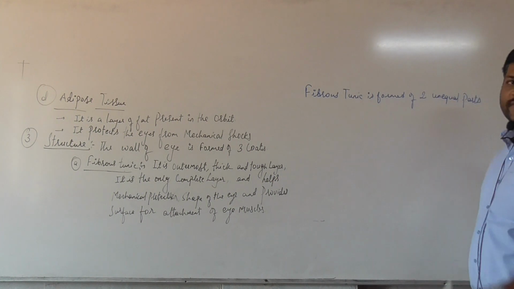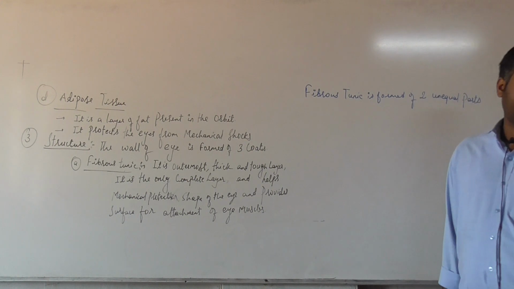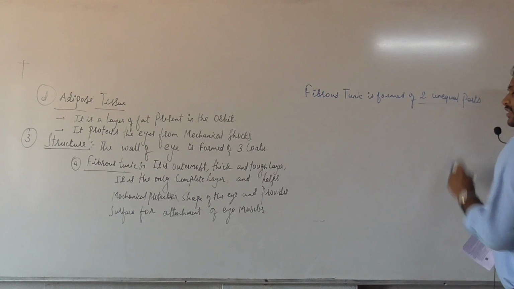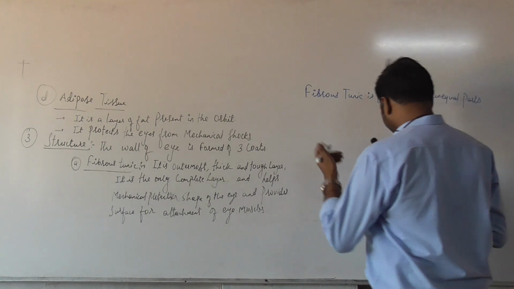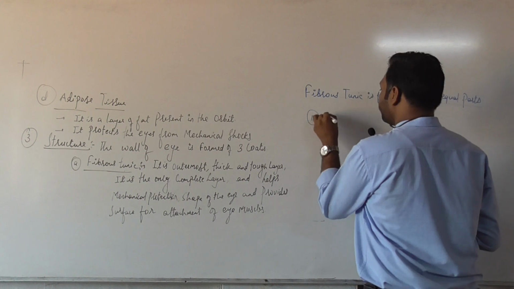Generally when we find two parts, they are equal parts, but here they are unequal parts, because of the shape of the eye. So here let's see what these two unequal parts are. Number one is the sclerotic.